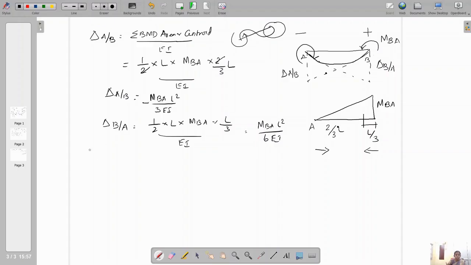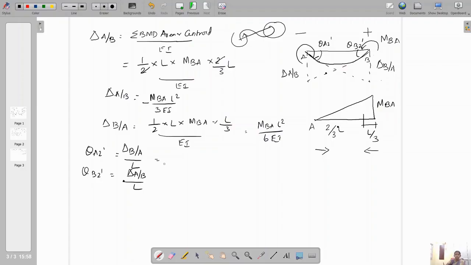Okay. Next one, theta A2 dash, because we are naming in this case theta A2 dash, here it is theta B2 dash. So theta A2 dash equal to what? Theta is opposite by adjacent. That is delta B by A divided by L. Theta B2 dash equal to, consider this triangle, the opposite is delta A towards B divided by the span.